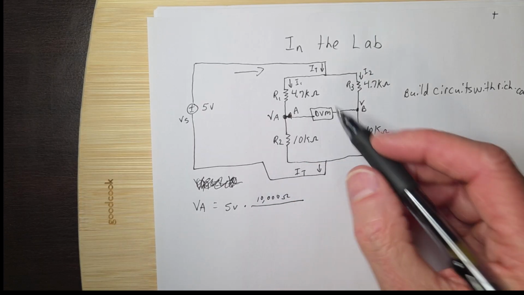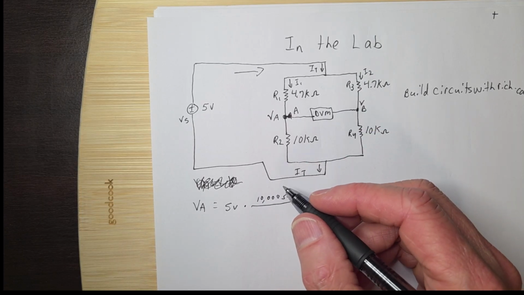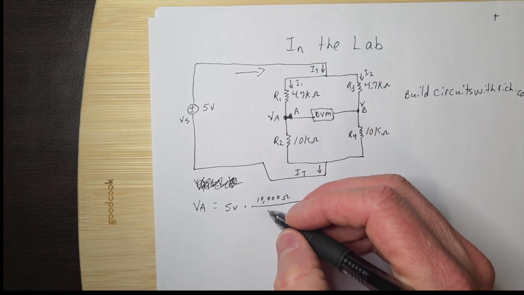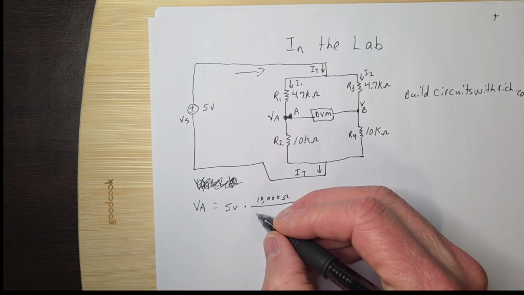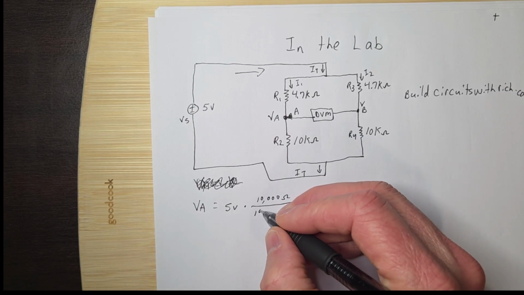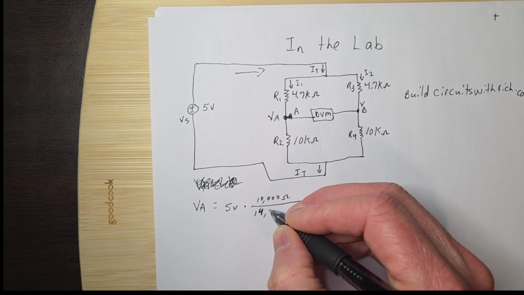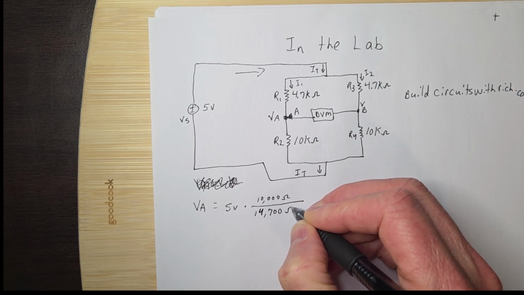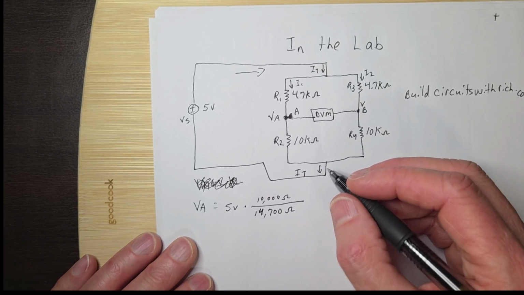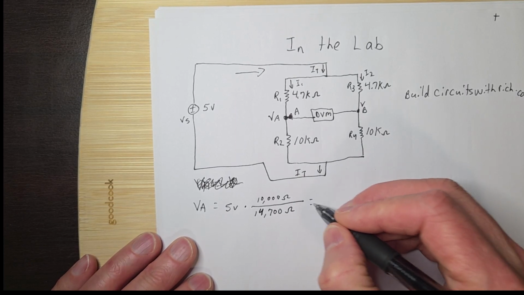And then it's going to be R1 plus R2, which is going to be 14,700 ohms. So that's going to be our calculation there. And that's going to be equal to 3.4 volts.